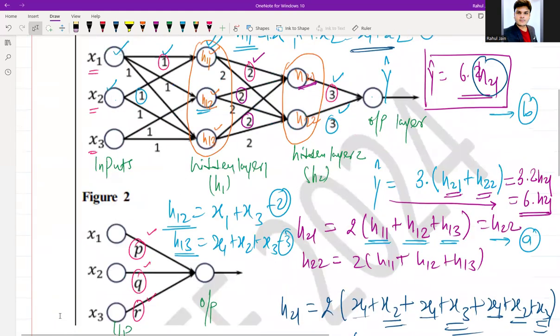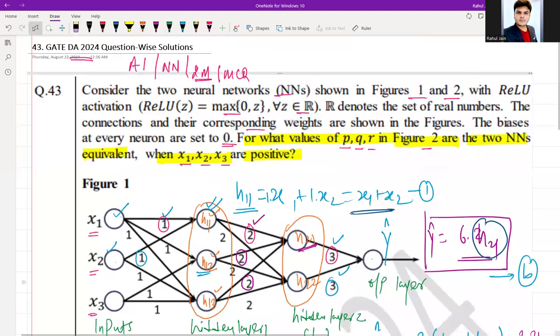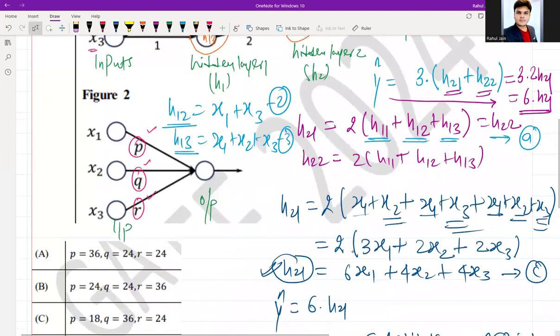Now according to the question, for what values of P, Q, R in figure 2 are the two neural networks equivalent when x1, x2, and x3 are positive. So what you are going to say is that the result of this particular figure 2 is nothing but P into x1 plus Q into x2 plus R into x3.